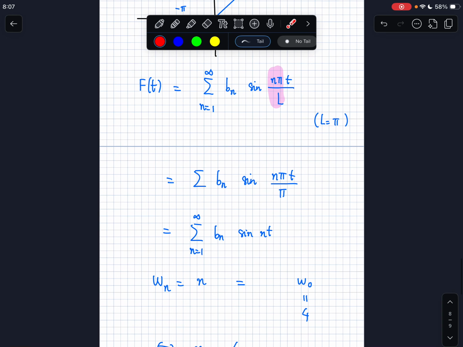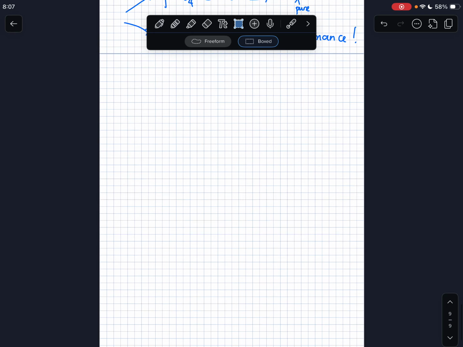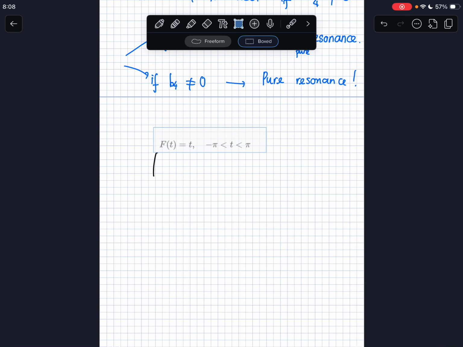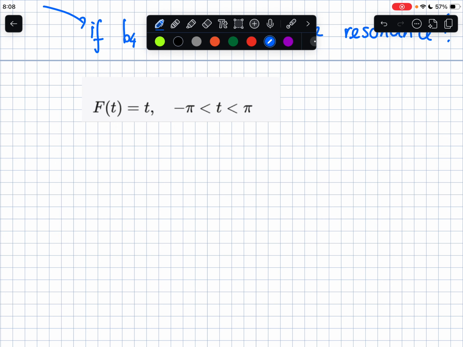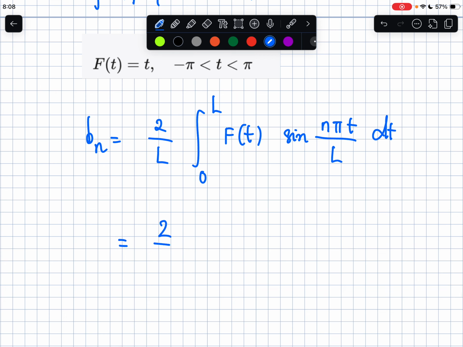Let's compute the coefficient B_n for this force. B_n equal to 2 over L, the general formula, integral from 0 to L of F(t) sin(n pi t divided by L) dt. In our case, 2 over pi, integral from 0 to pi of t sin(n pi t over pi), so sin(nt) dt.